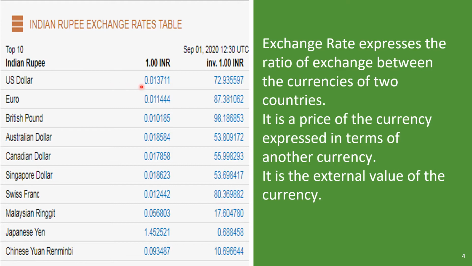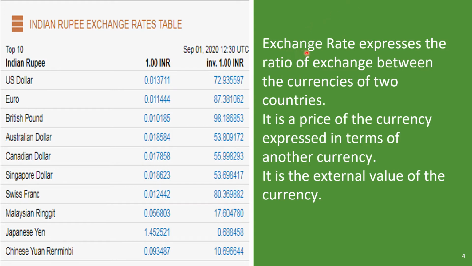So 1 rupee is valued at 0.013711 US dollars. 1 rupee is valued at 0.011444 euros. 1 rupee is valued at 0.010185 Great British pound, and so on.